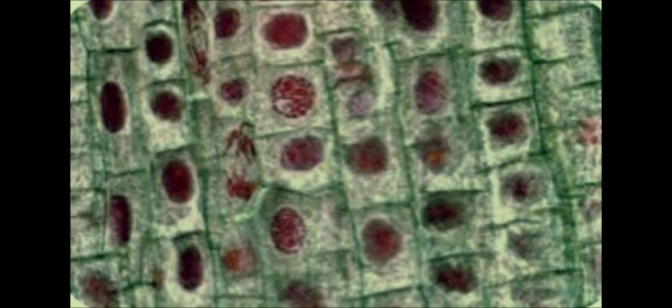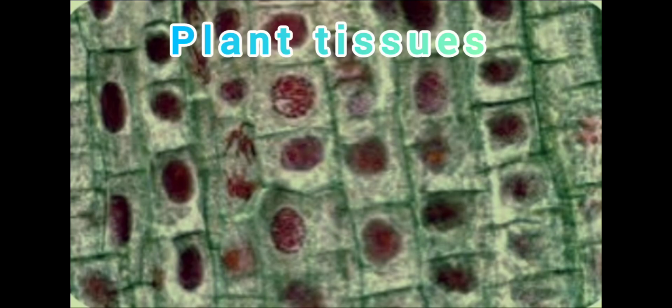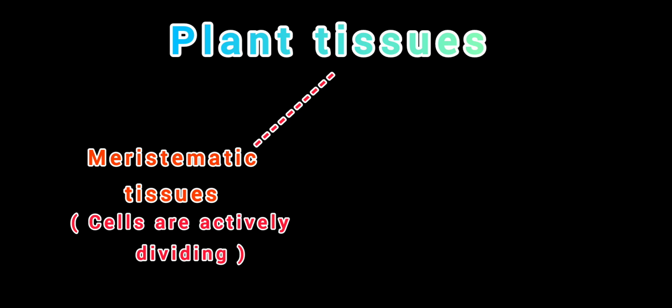Growth in plant happens in two stages. Firstly, by the addition of new cells, that is, the division of cells which happens in the meristems. Meristematic word is derived from the Greek word meristos, meaning divisible.